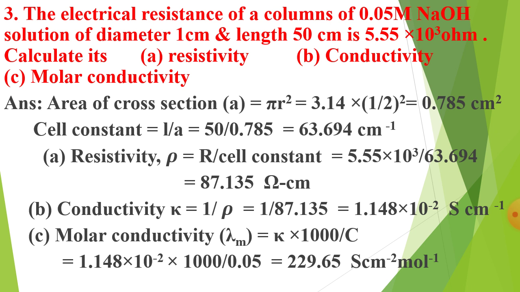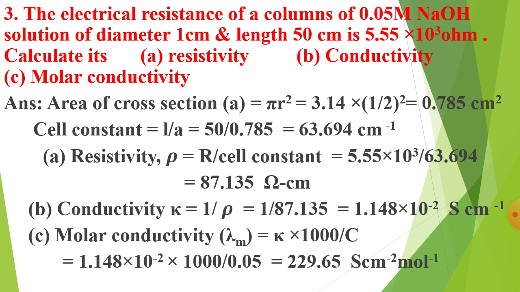So first of all, we have to find the area of cross section, that is equal to pi r square. This is equal to pi, the value of 3.14, and r is given in terms of diameter, that is 1 by 2. We have to find it from the diameter. By putting this value, we find the area of cross section 0.785 centimeter square.